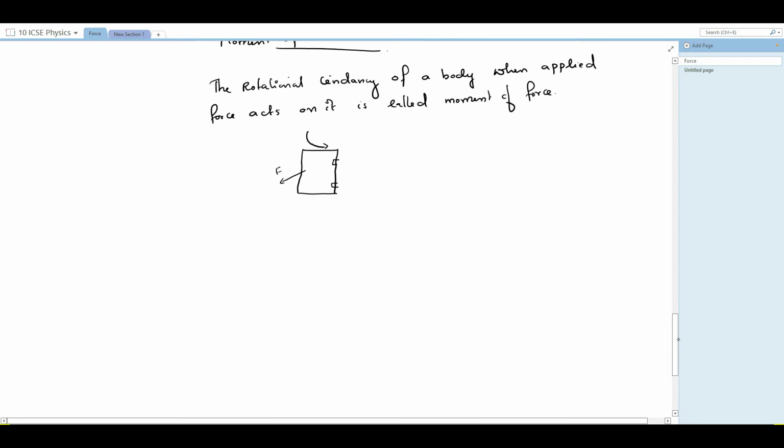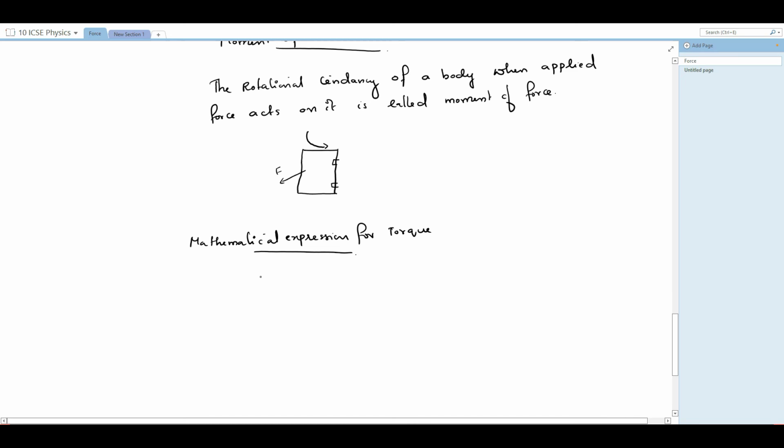Now, what is the mathematical expression for moment of force? Let me write the mathematical expression for torque.